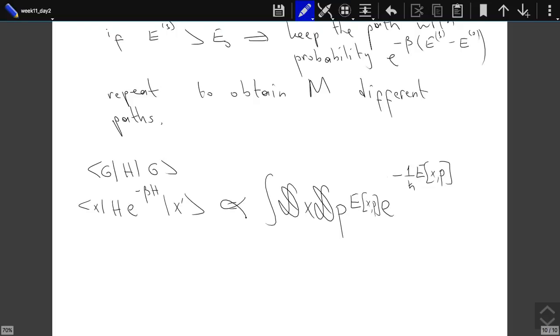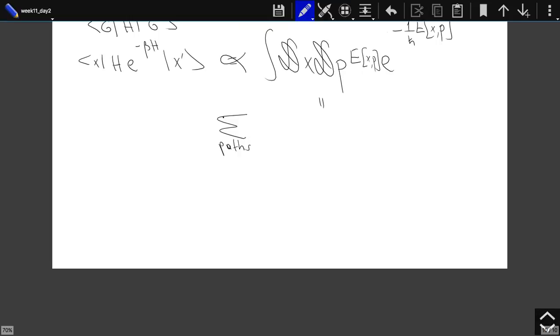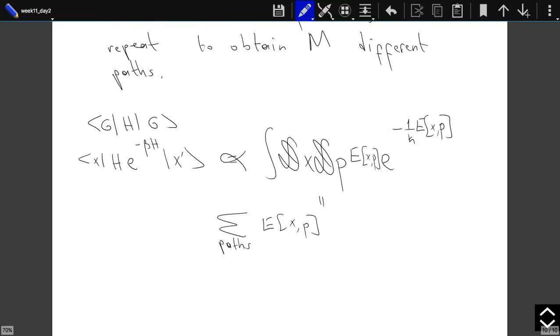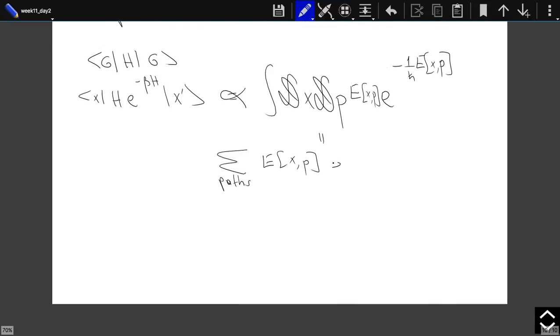But now we already have these paths. What we have to do is just write this as a sum over all paths, or the average: the sum over all paths of the energy evaluated on that path, times e to the power minus 1 over h bar E of the given path, divided by the total number of paths.